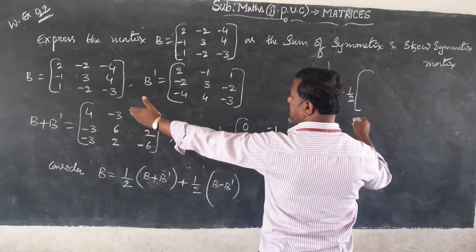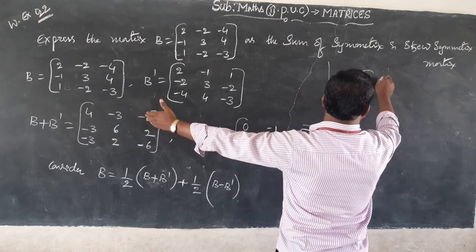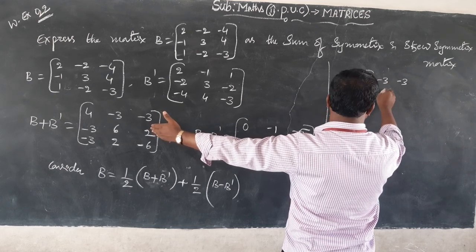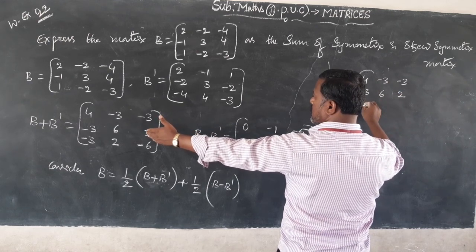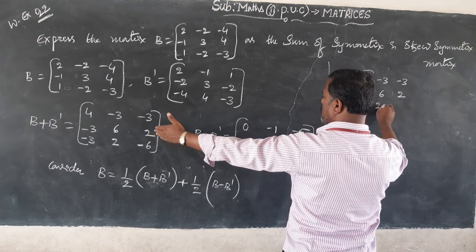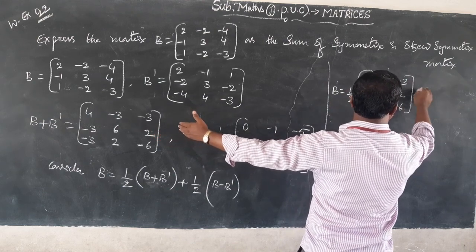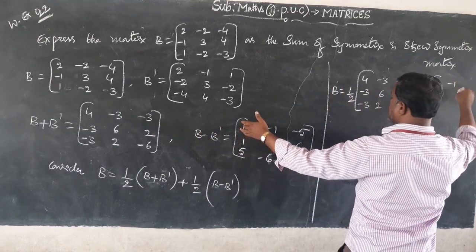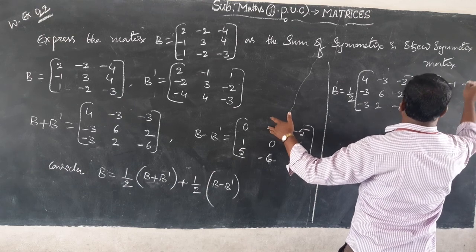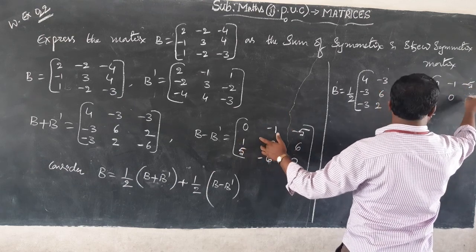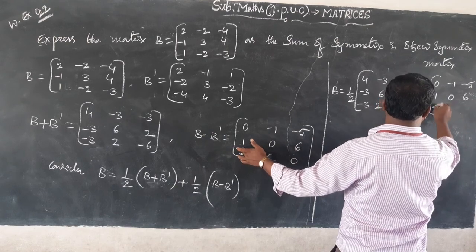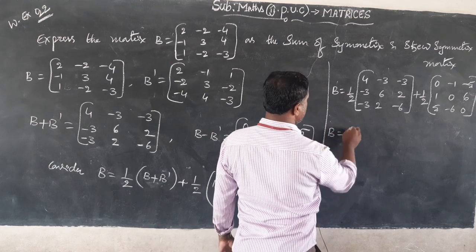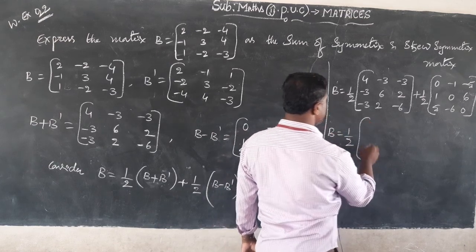So B plus B dash value is 4 minus 3 minus 3, minus 3 6 2, minus 3 2 minus 6, plus 1/2 of B minus B dash value, which is 0 minus 1 minus 5, 1 0 6, 5 minus 6 0. Let us take 1/2 as a common factor.